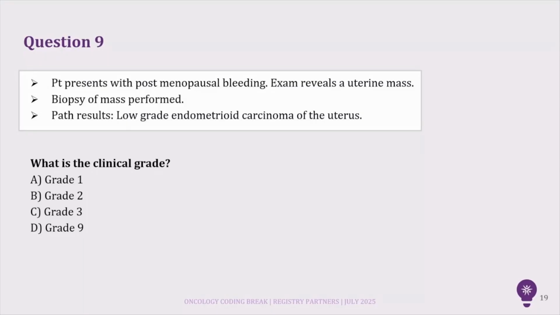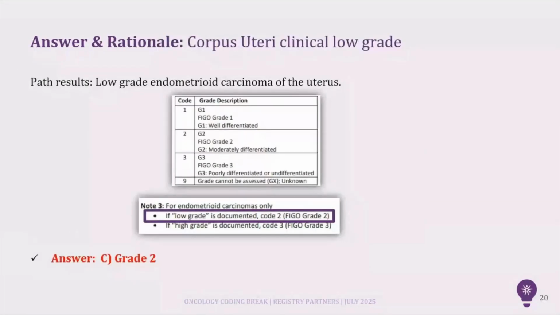Okay, so we're pretty split between 2 and 9. So let's look at this one a little closer. So we actually have instructions for corpus uteri to code low grade as grade 2. So for endometrial carcinomas, only if reported as low grade, code 2, and if they're reported as high grade, we can code 3. So good job to you guys that got that one right.